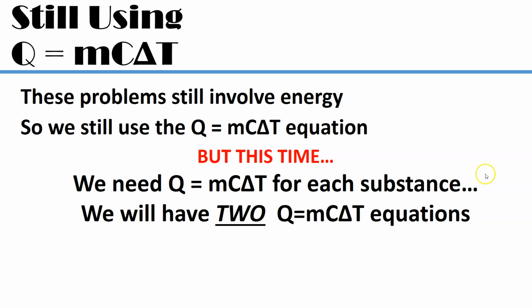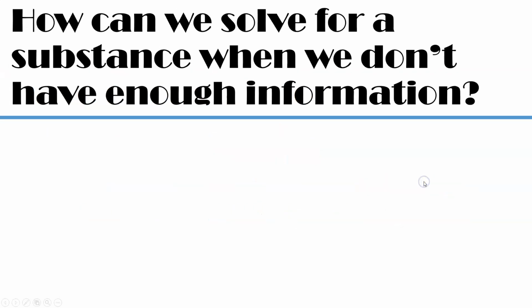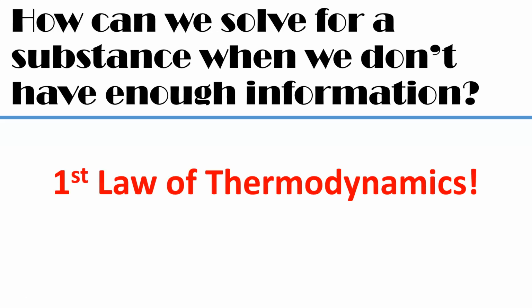Okay? So when you read the problems though, it's going to feel like you don't have enough numbers. We are not going to have all the pieces of information that we need. And so what we're going to do is we're going to realize, well, wait a minute. The first law of thermodynamics is going to help us here.